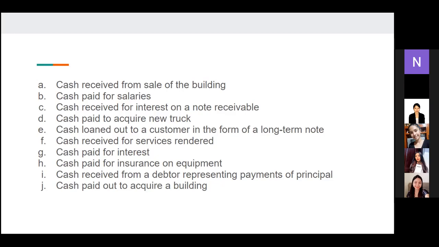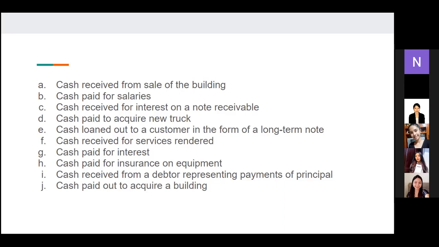Okay. Yes, Miss Daphne. Cash paid for insurance on equipment. Under siya ng operating activities. Kasi di ba, pag magre-record tayo, yung entry natin doon is insurance expense.